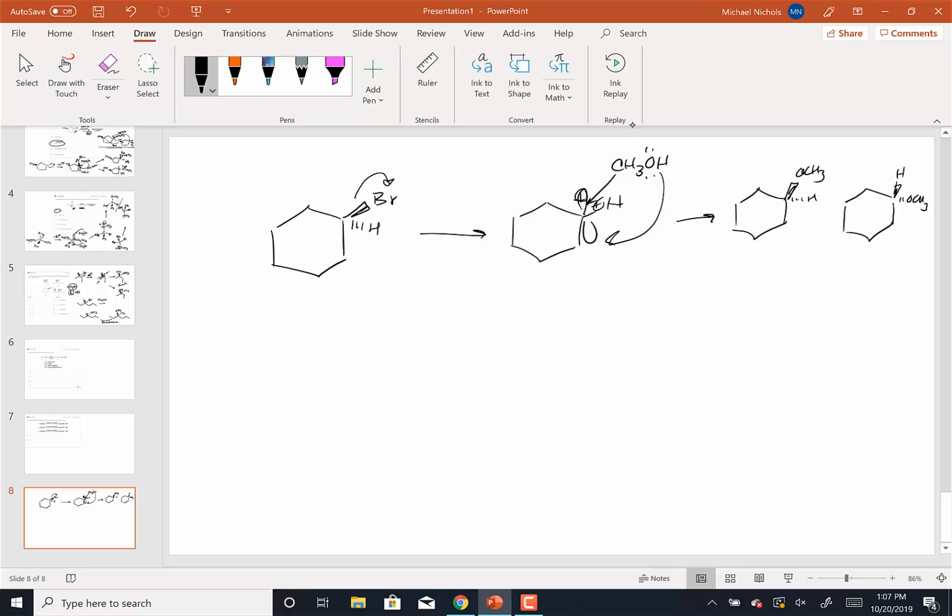And the only question here is, is this a chiral center? And the answer is no. And so this is going to be an achiral compound, because basically this group and this group are the same, those two groups are the same, and we end up in the same place. So those molecules do not have a chiral center.